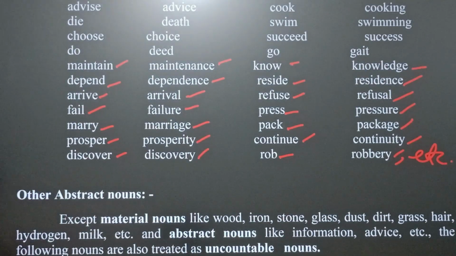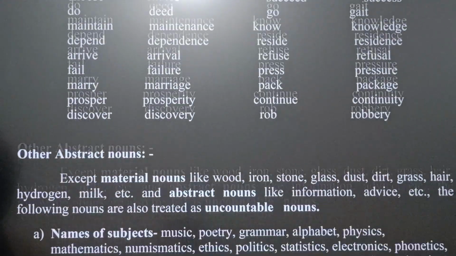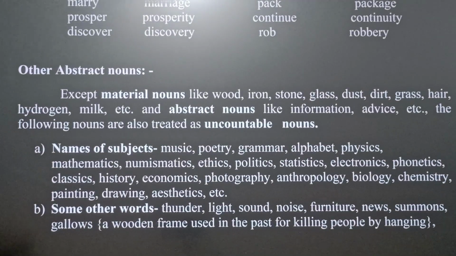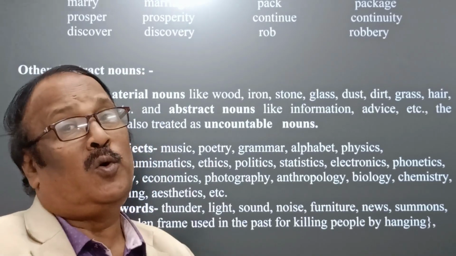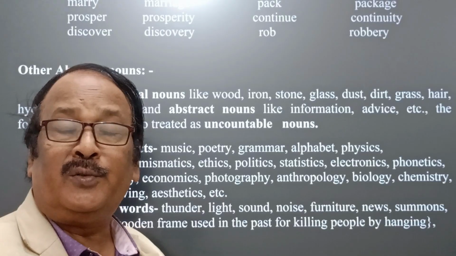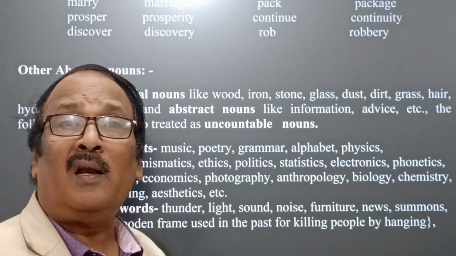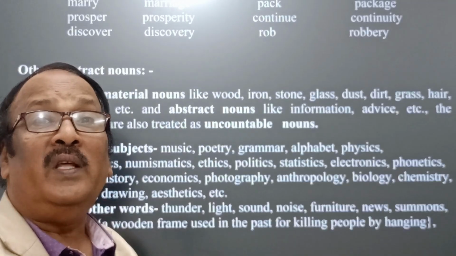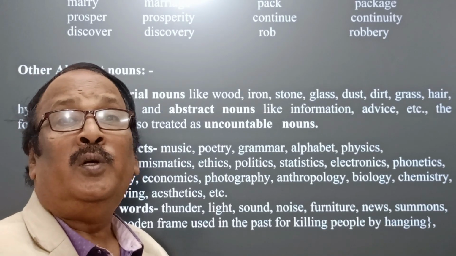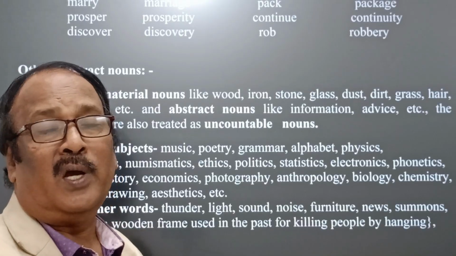Yes. Now come to the other idea, that is other abstract nouns. Remember, I have already told you about concrete nouns and abstract nouns. Concrete nouns are physical nouns, but abstract nouns are not physical nouns. They cannot be perceived through our sense organs.